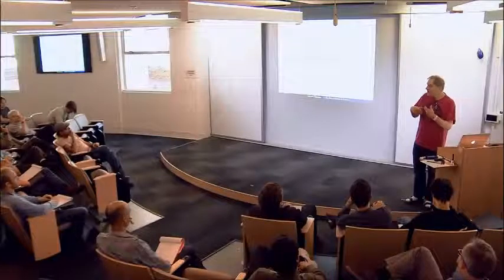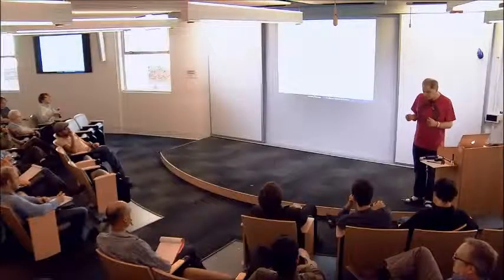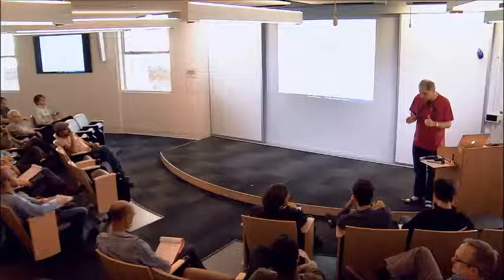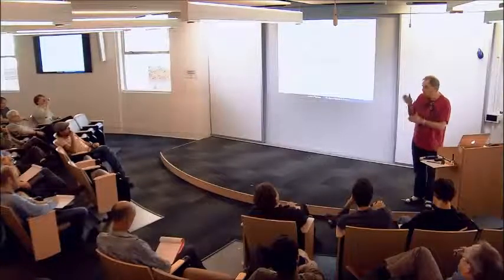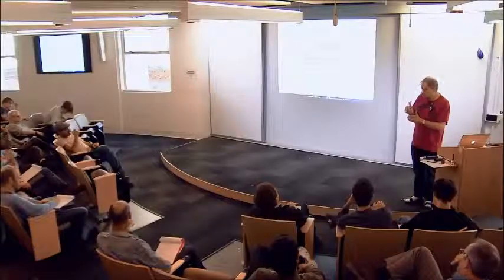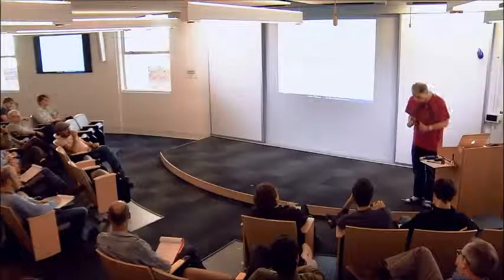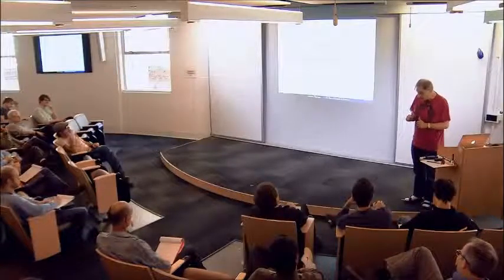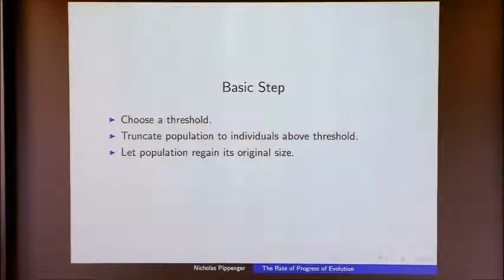So this is the basic step. You cull your stock, picking out those that are above a certain threshold in terms of the number of genes that are good, number of loci at which the gene is good, and then you breed until you've returned to the original size of your population, and then you can repeat this.